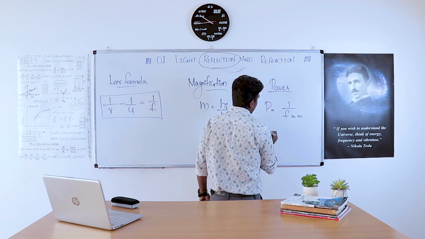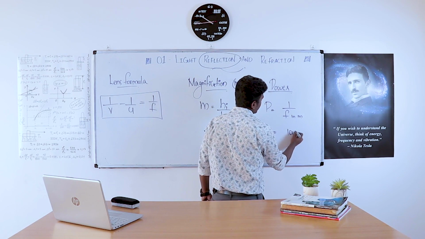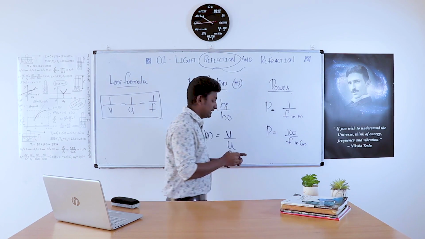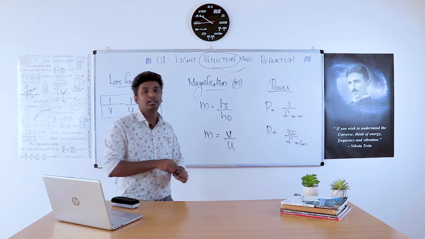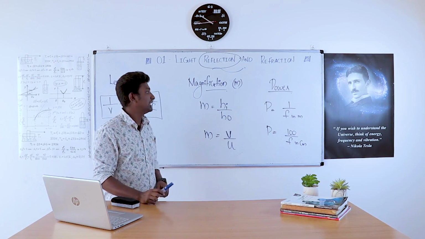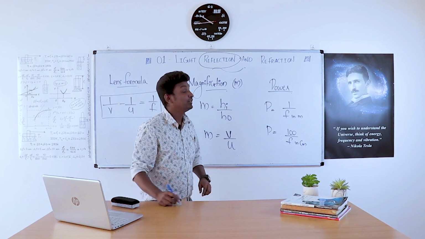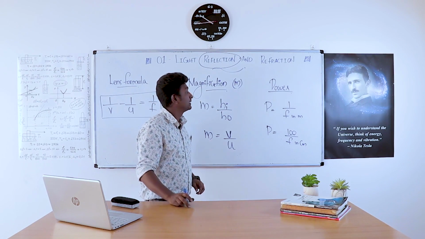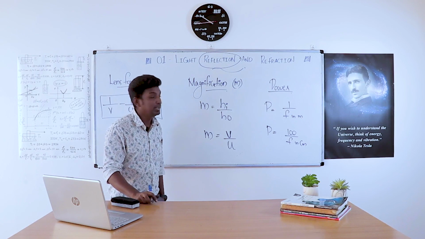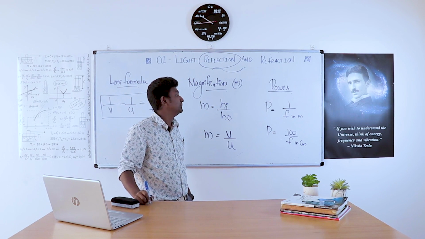Otherwise, we can say that P is equal to 100 by F in centimeters. If it is in centimeters, then we can write P is equal to 100 by F in centimeters. So basically, power is defined as the reciprocal of focal length in meters.